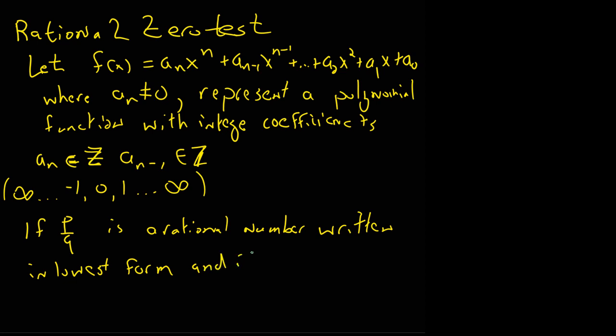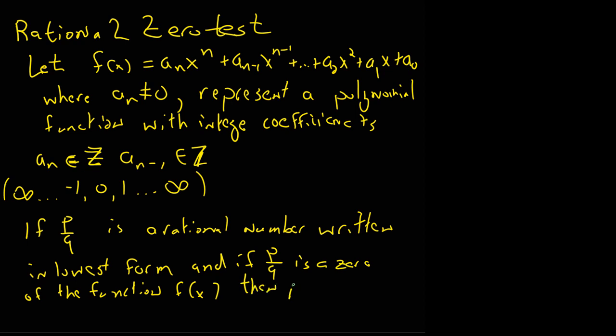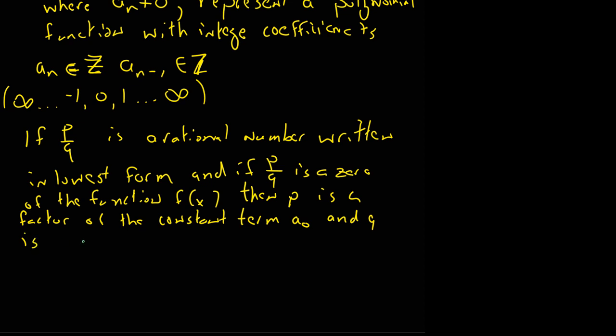And if p over q is a 0 of the function f of x, then p is a factor of the constant, which we call a sub 0, and q is a factor of the leading coefficient, a sub n.